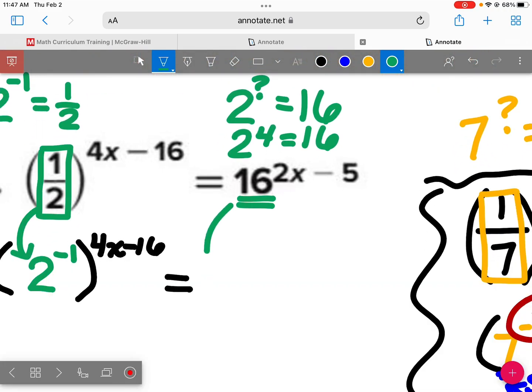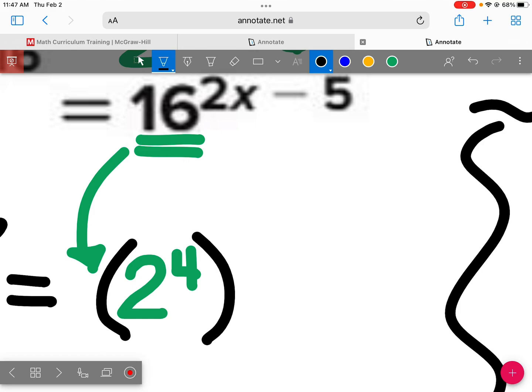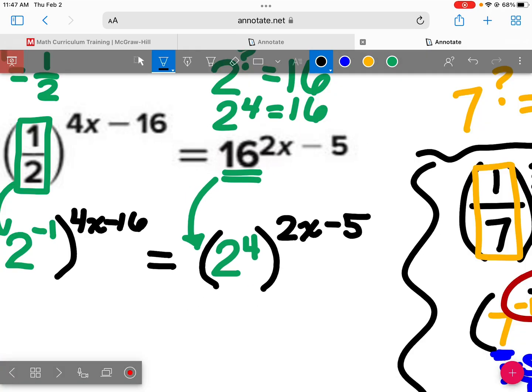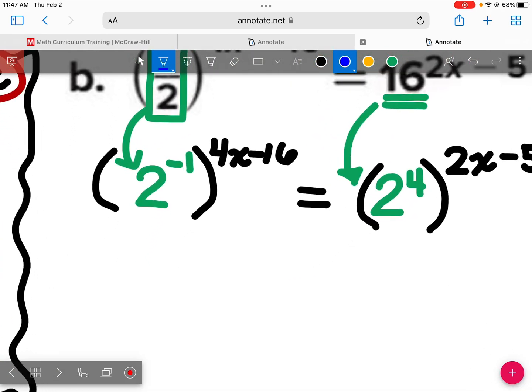So I'm going to rewrite this as 2 to the 4th power. And then I have an exponent on the outside of that. What is it? 2x minus 5. Are my bases the same? Yes. Same base.